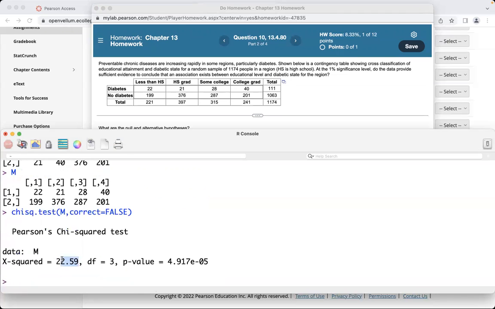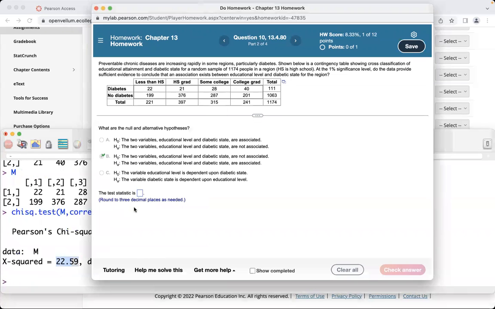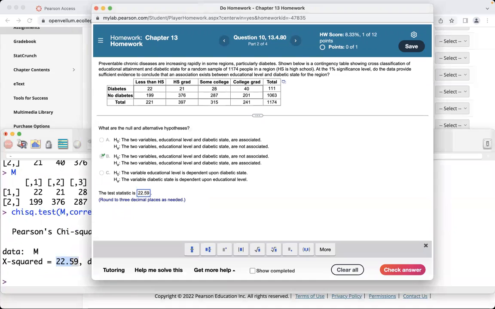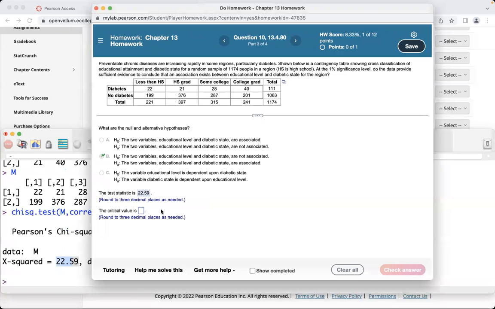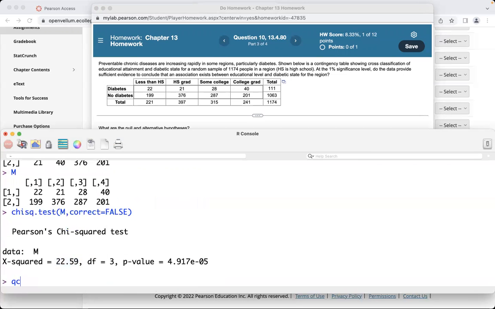Our chi-squared test statistic is 22.59. And our critical value, again, we can use the critical value. I always have to think about this, but we have a 1% significance, so that means that we want the area up to that to be 0.99. We have 3 degrees of freedom.